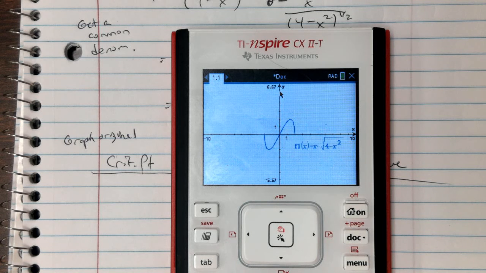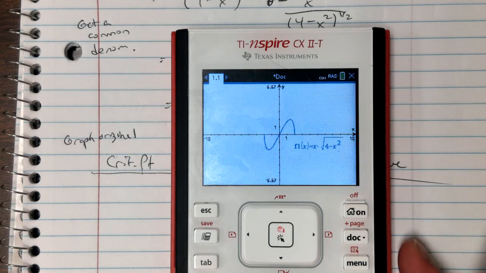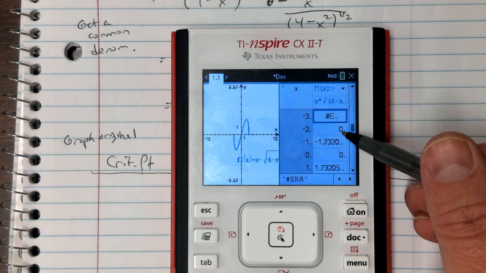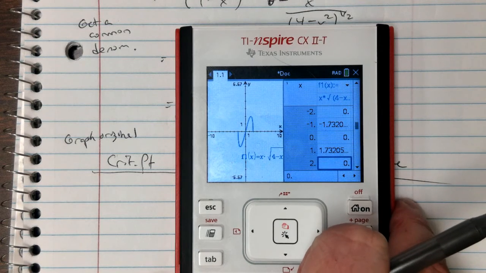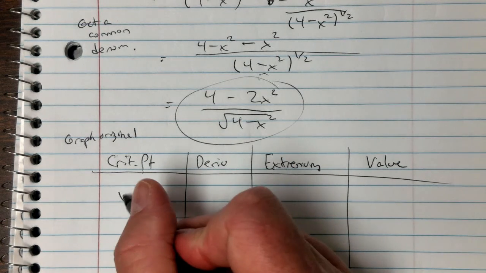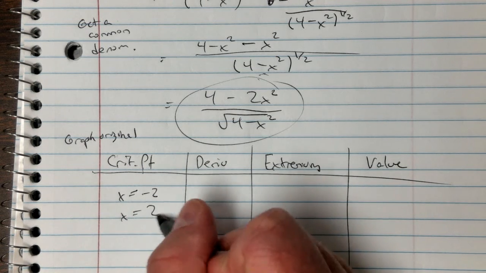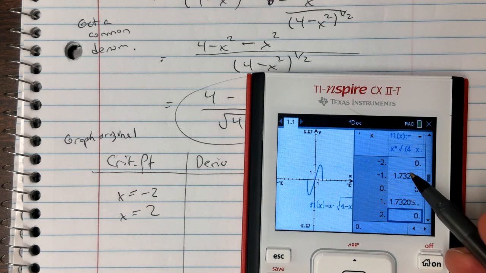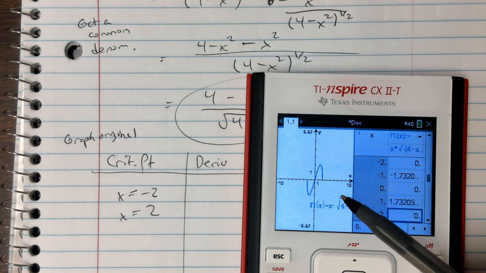And so first let's go to our table, and it only works from -2 to 2. So those are the endpoints, and then notice this one is there.